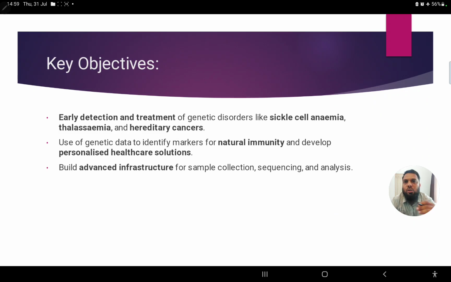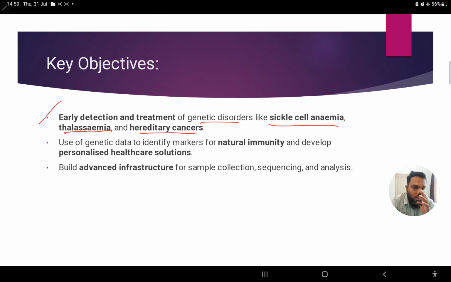right? So what are the key objectives of this particular project? What is it that the Gujarat government wants to do? So we can see early detection and treatment of genetic disorders like sickle cell anemia, thalassemia, and hereditary cancers.